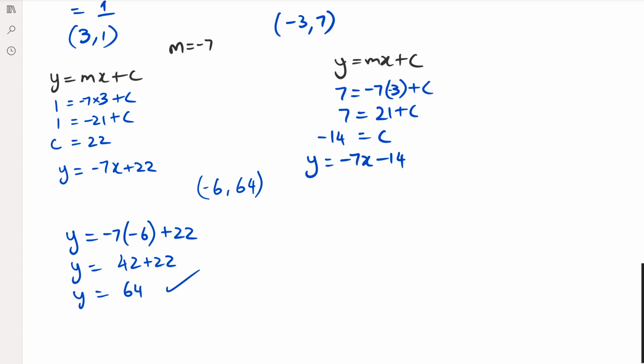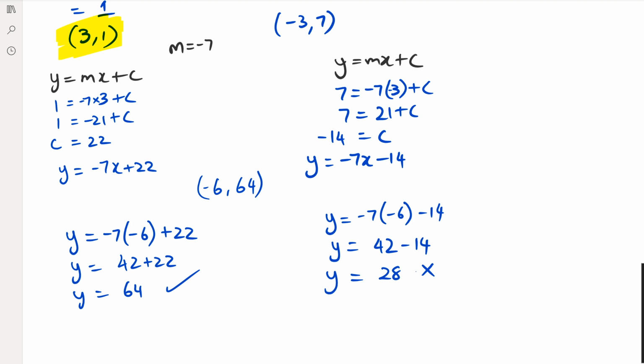So this one works out. But in this case, y equals minus 7 times minus 6 minus 14, so y is equal to 42 minus 14, which equals 28. And of course, this one doesn't work out. So straight away, we can see that the point 3, 1 is the correct answer.